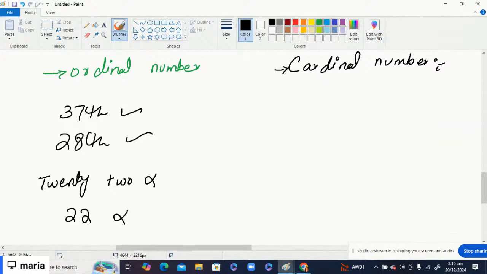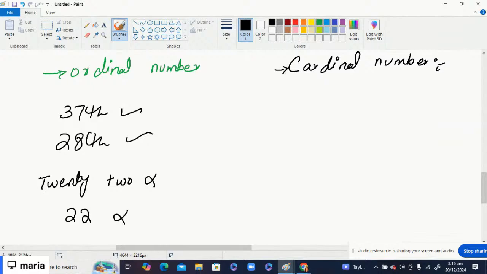For example, it's the simple way, the simple way you put it down. Like the numbers 1, 2, 3, or 21, 22, in the form of words or in other ways. Okay, so these are your cardinal numbers.